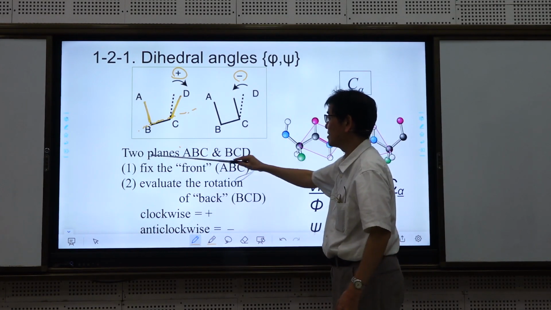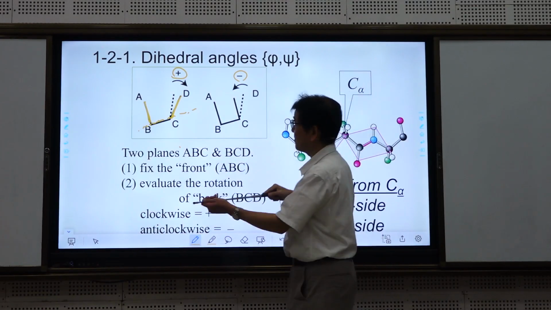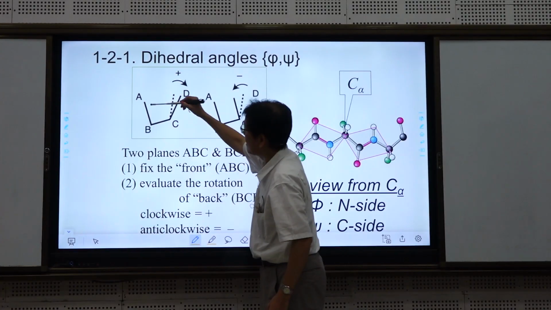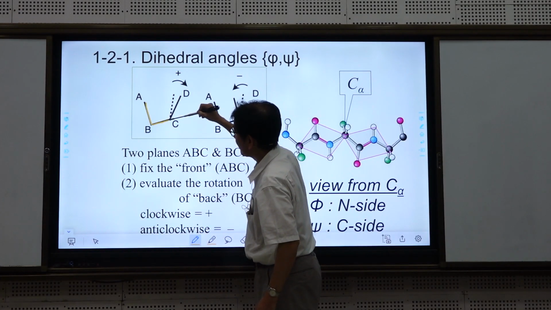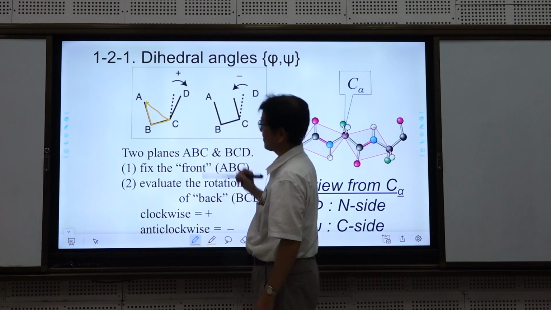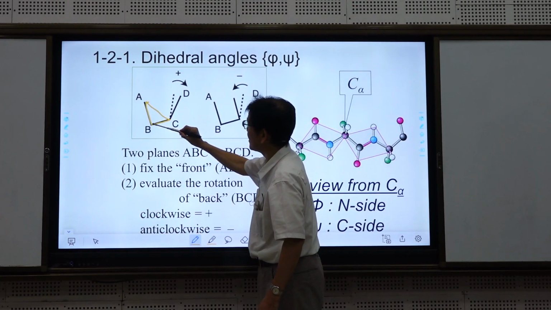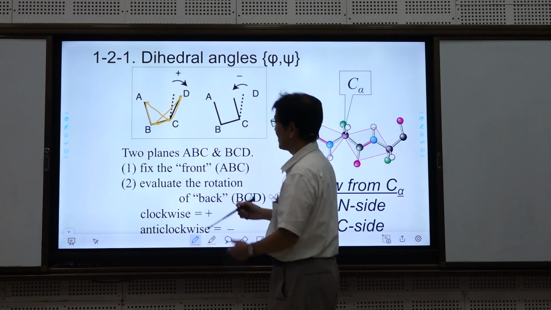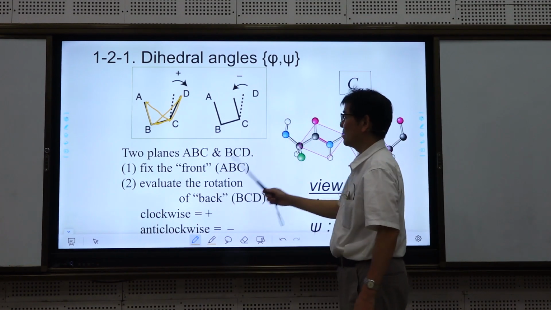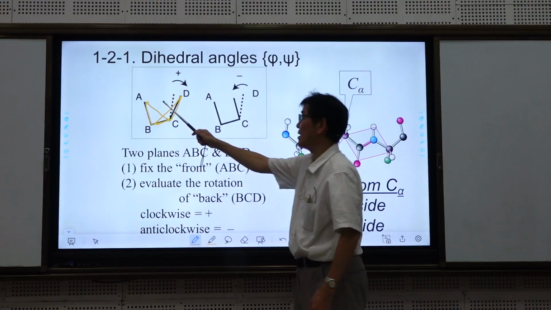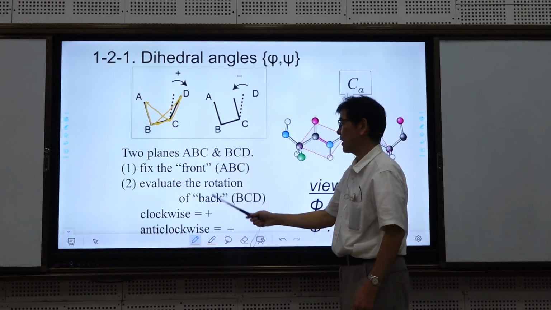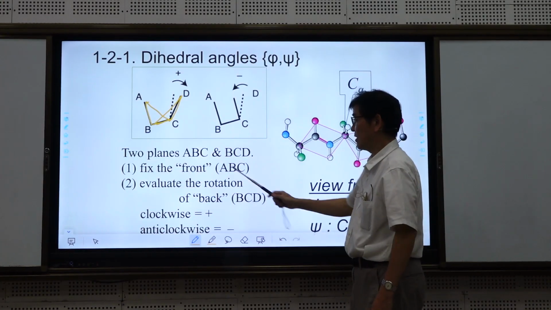So please consider there are two planes, ABC and BCD. ABC here is a plane. BCD there is a plane. And fix the front, in this case ABC, and evaluate the rotation of the back, BCD.